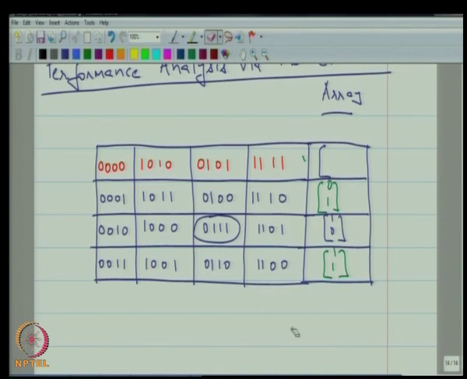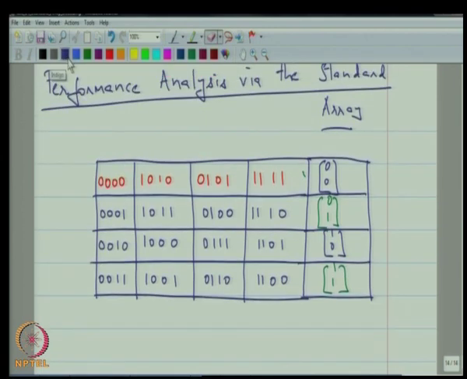Let me get rid of some unwanted entries here. So, this is our syndrome, and let us also get rid of this line here. So, this is our standard array again. However, this time we are going to interpret the entries a little bit differently.